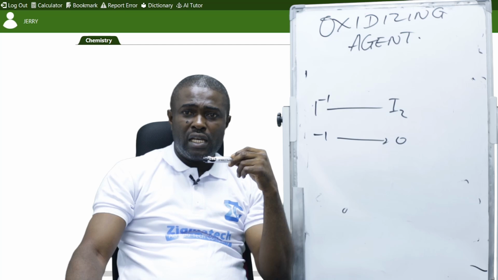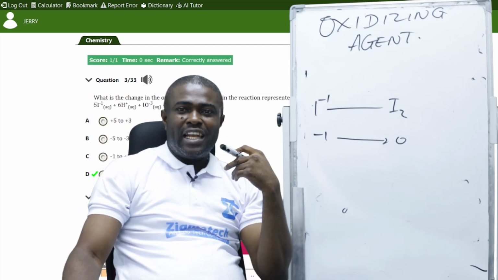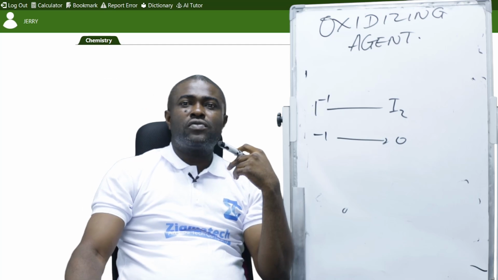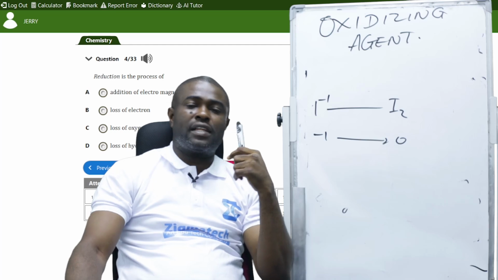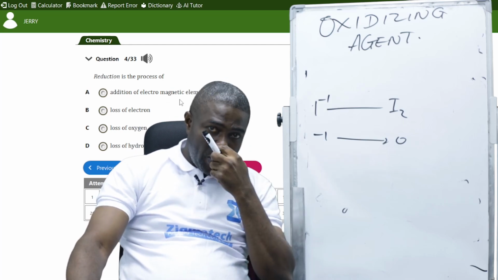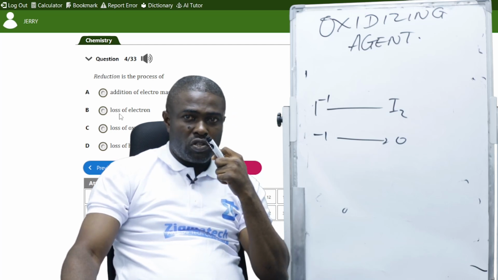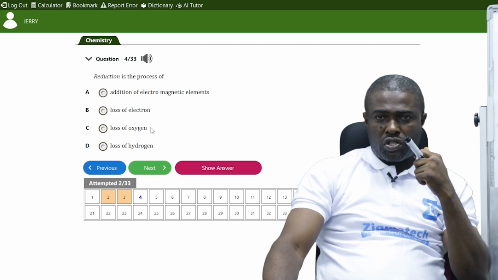Let's check the answer. We are correct. Let's move to the next. The next question says, reduction is the process of: addition of electromagnetic element? No. Reduction is loss of electron? No. Loss of oxygen? That is reduction.